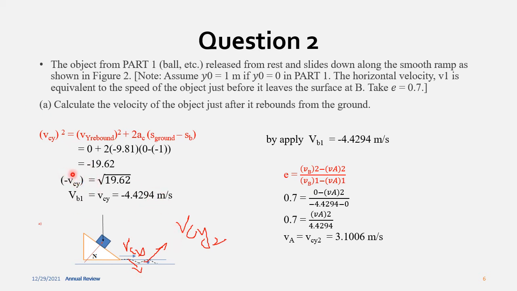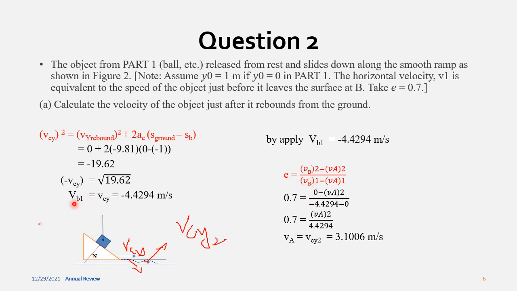Okay, the answer is equal to negative 19.62. But this is not the final answer. We must square root this answer. We transfer the negative to the left side and we square root the answer, and we get VCY equal to negative 4.4294 meter per second. It is the same answer as VB1, what we want to find.